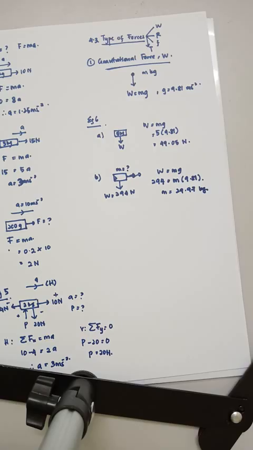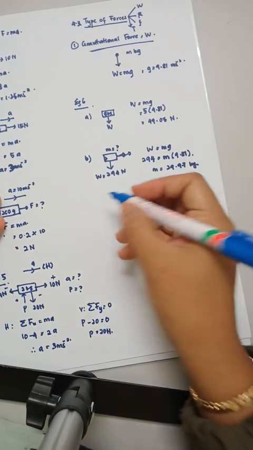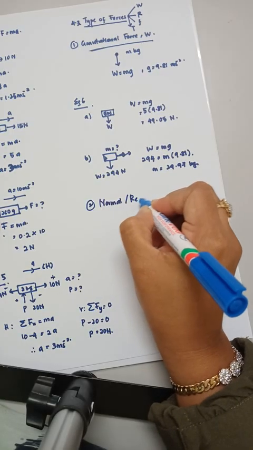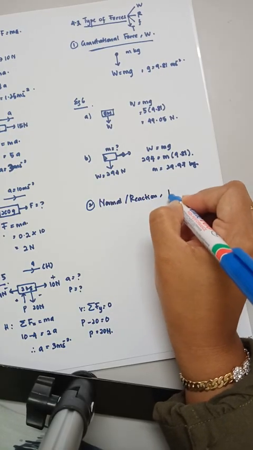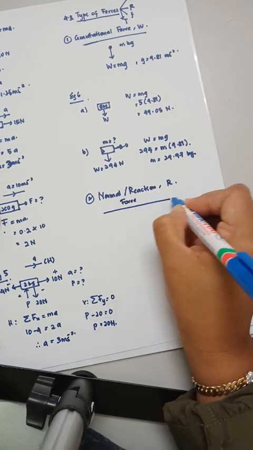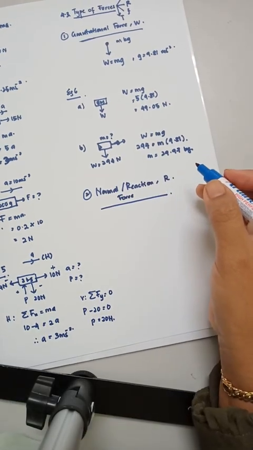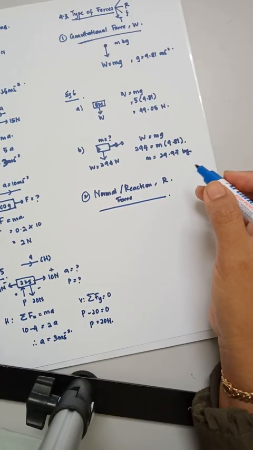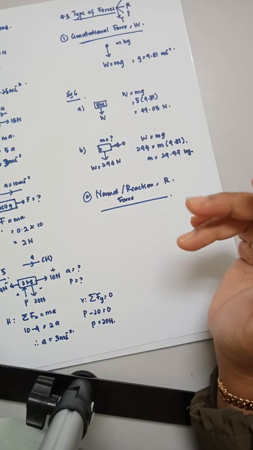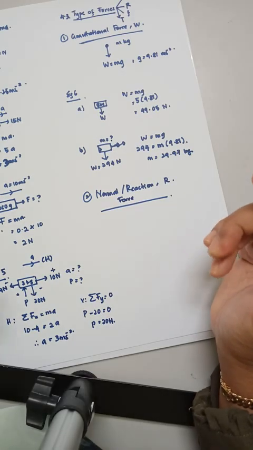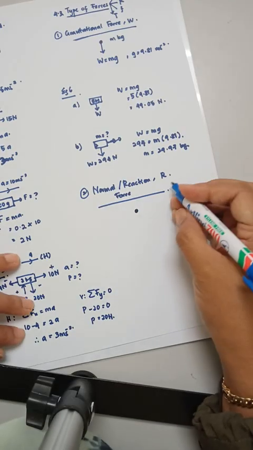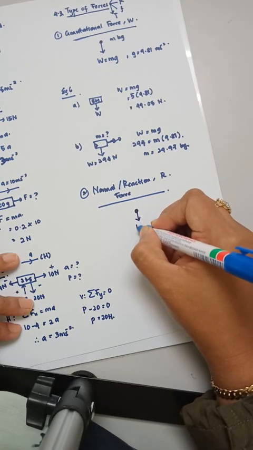Alright. Next is normal force or reaction force, number 2. We also call it normal or reaction, denoted as R. Normal and reaction force is the force acting in the opposite direction to the weight. Say you have an item with mass of m kg and this is the weight.